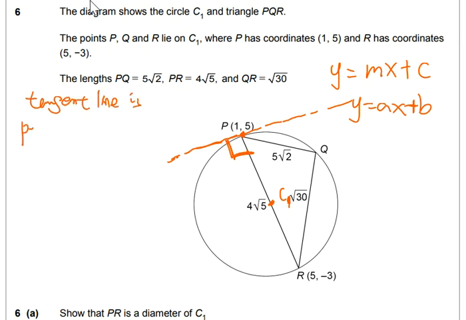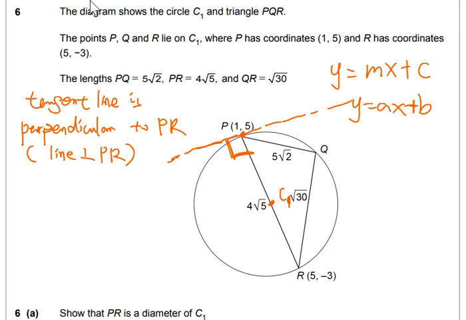So this tangent line is perpendicular to PR. Their gradients have a relation.